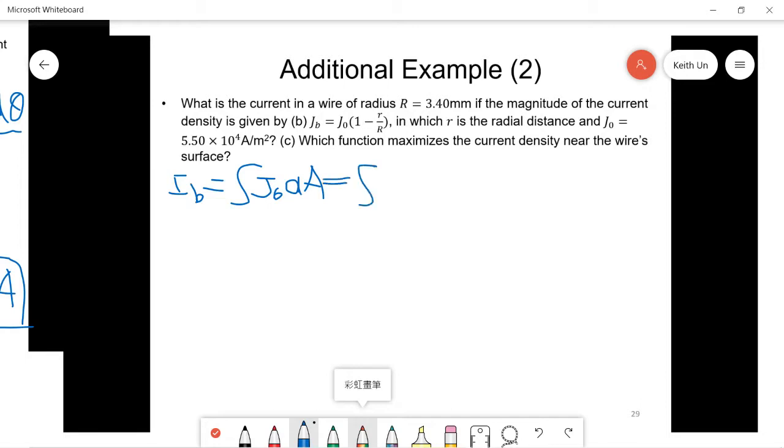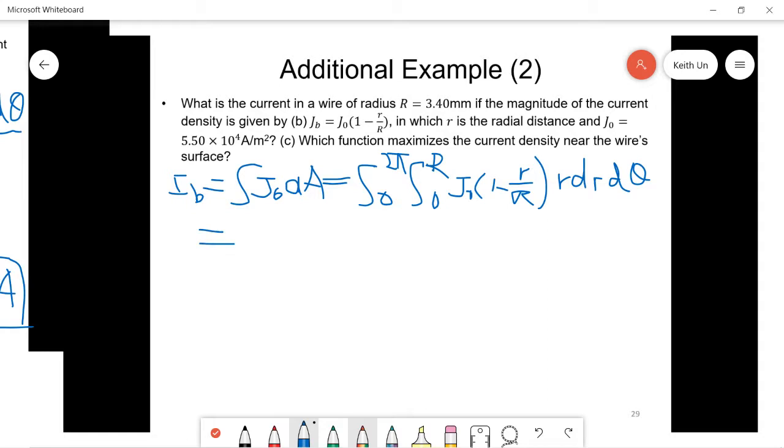Similarly, we have integration from 0 to 2 pi and integration from 0 to R. JB is J0 times 1 minus small r over capital R, and dA will be r dr d theta.